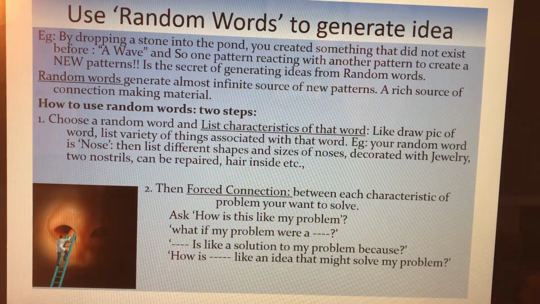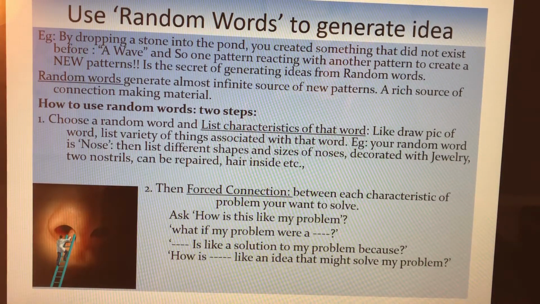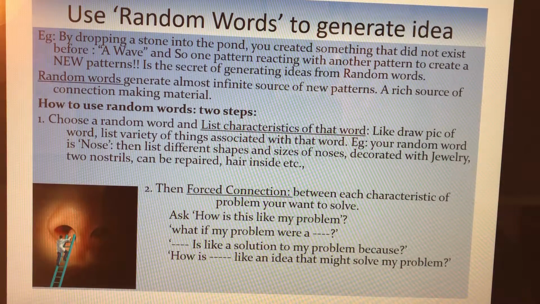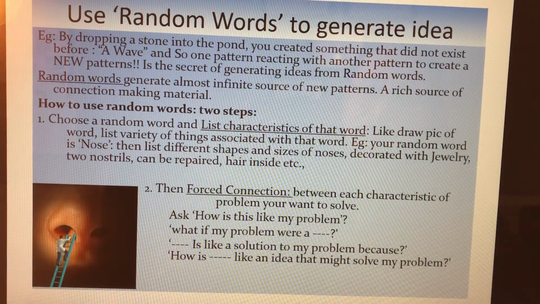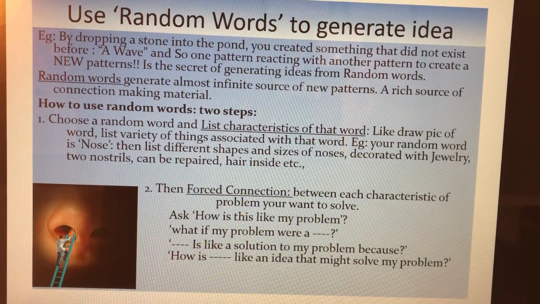So you listed the characteristics of the nose, then force a connection between each characteristic and the problem you want to solve. Ask, how is this like my problem? What if my problem were a decorated jewelry nose? If the hair inside the nose is like a solution to my problem, it is a solution to my problem because... and start writing down.